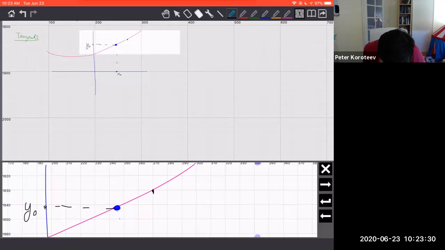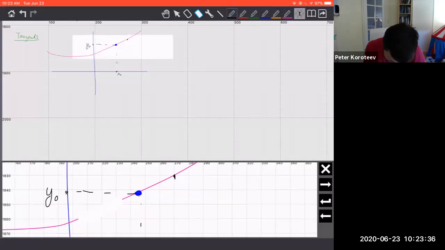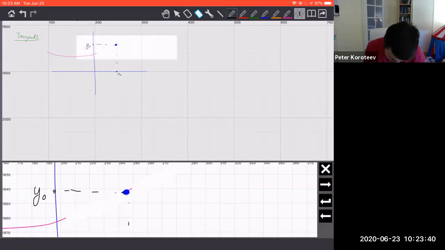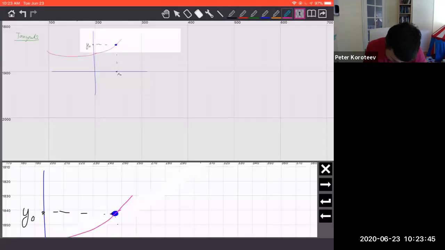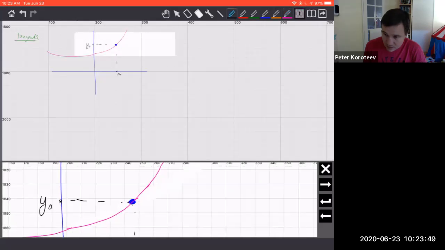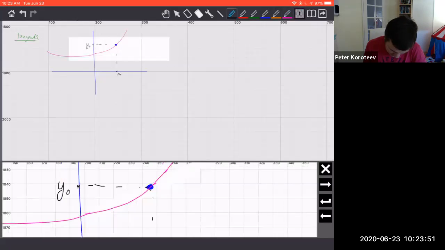Well, the way I drew it, it's not really distinguishable from the line. So we can try to do a slightly better job with the plot. Let's say it bends like this maybe. And well, let's do it here.